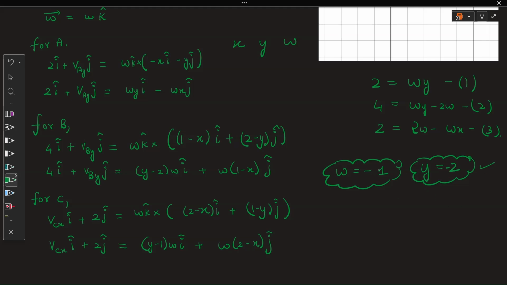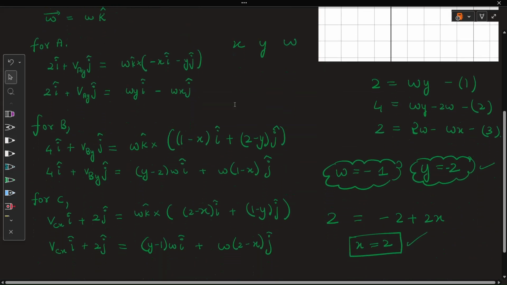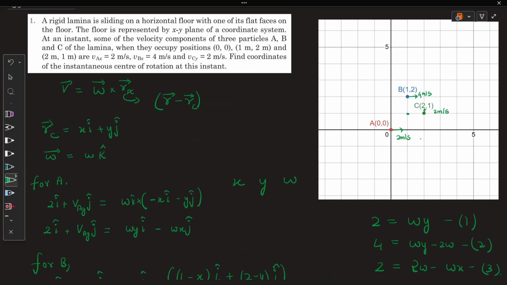The next step is to find x. Substitute this in equation 1. So 2 is nothing but minus 2 plus 2x. So x is 2. So simple, we got x and y. The coordinates of the center are 2 comma minus 2.